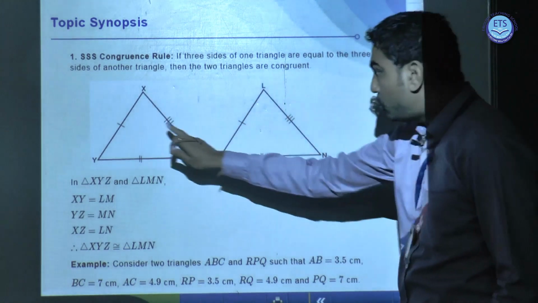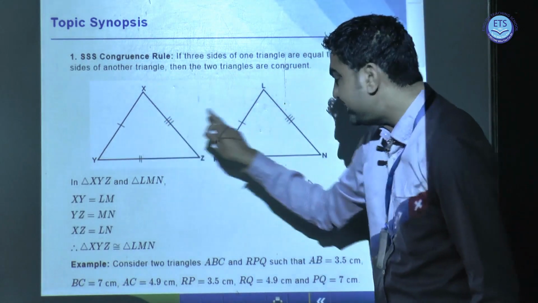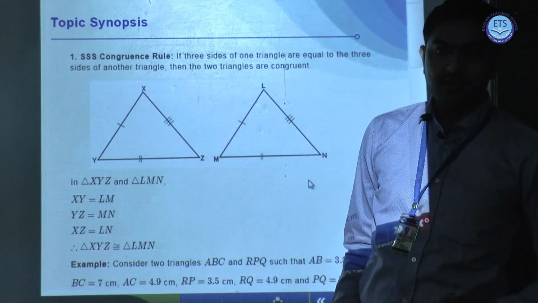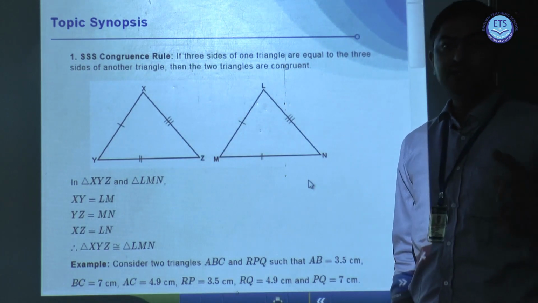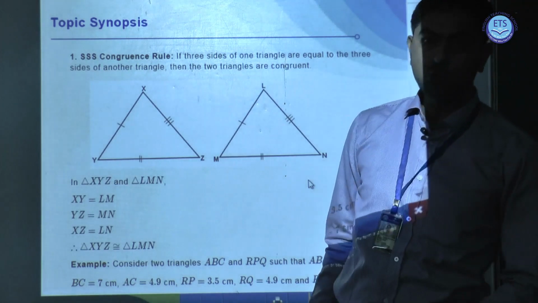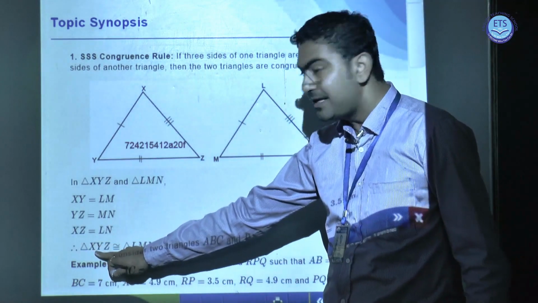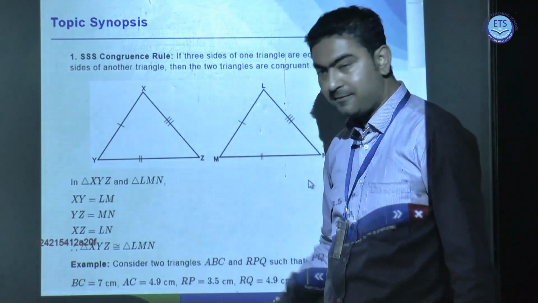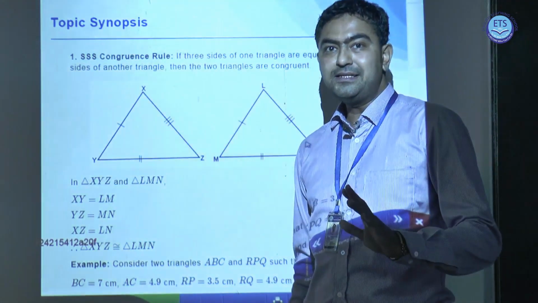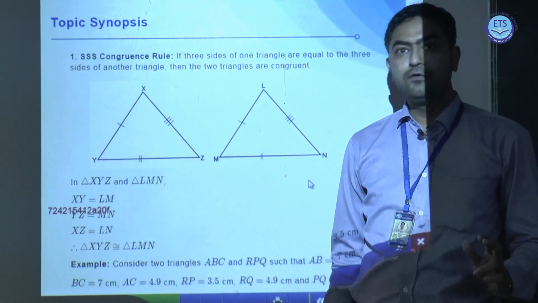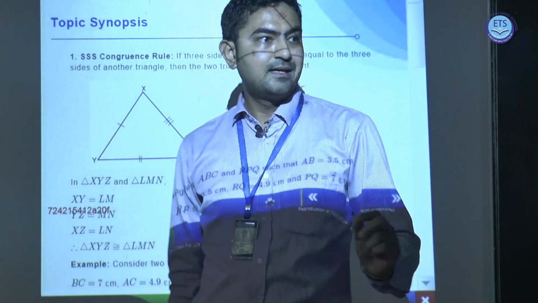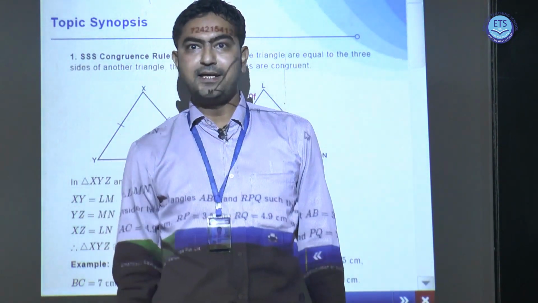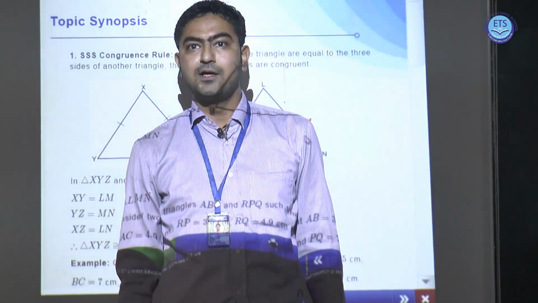In these two triangles, the corresponding sides have the same measure. So by the SSS criterion, triangle XYZ is congruent to triangle LMN. This is the first criterion, the SSS rule.